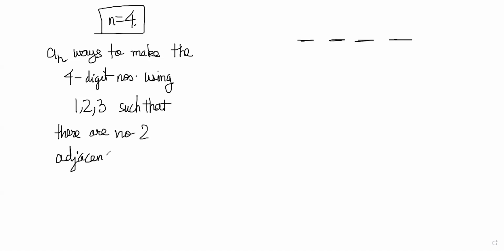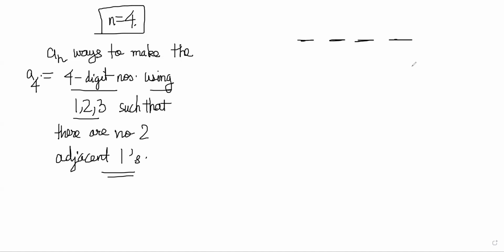That is the condition of the problem, and that is what we have assumed. That An is the number of ways to make n-digit numbers using 1, 2, 3 such that there are no two adjacent ones. So this is basically A4, right? We want to calculate A4.